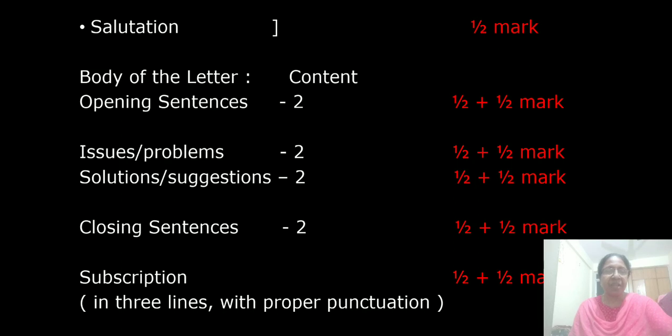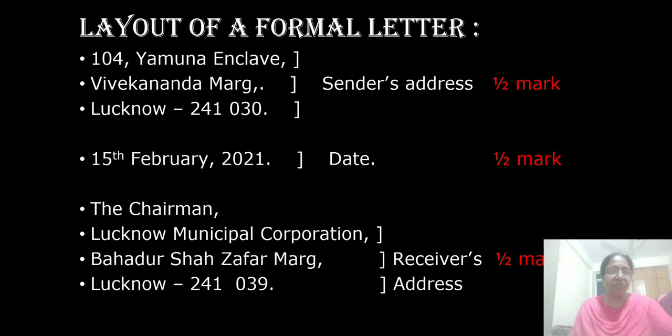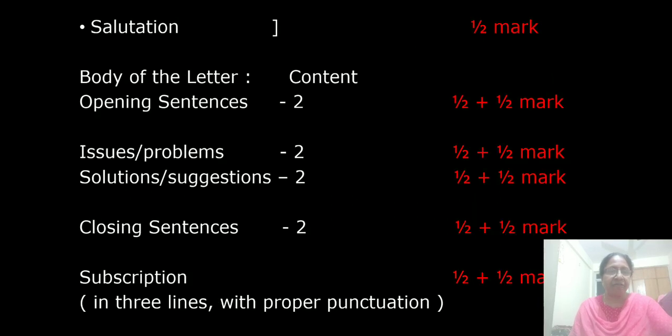Then again, 2 closing sentences, for which you get half plus half marks. Finally, you have the subscription, written in 3 lines with punctuation. So, I hope with this you have learned how to write a formal letter correctly and error-free.